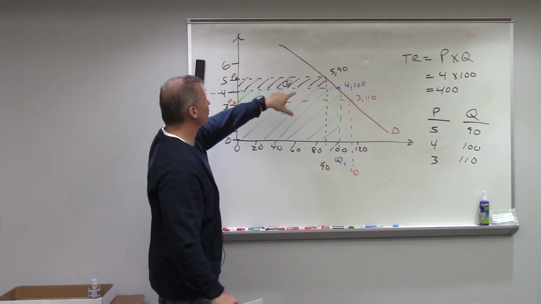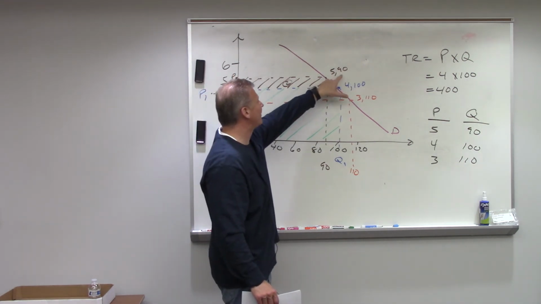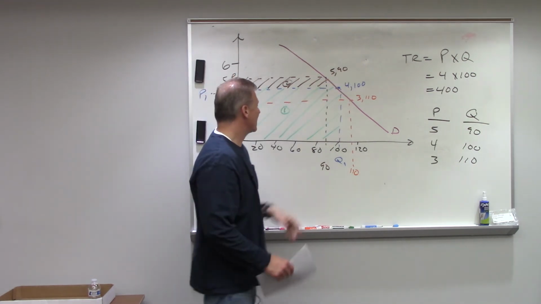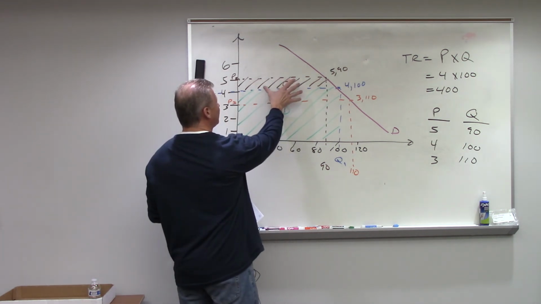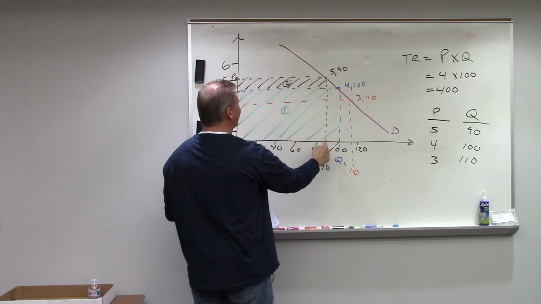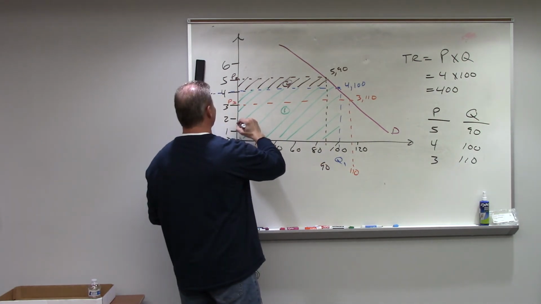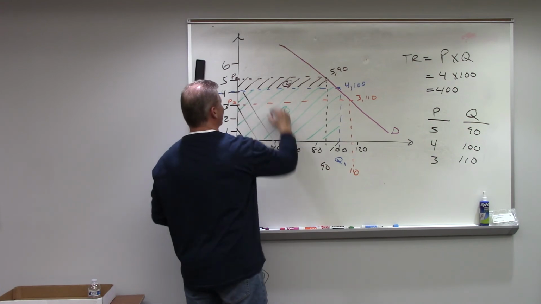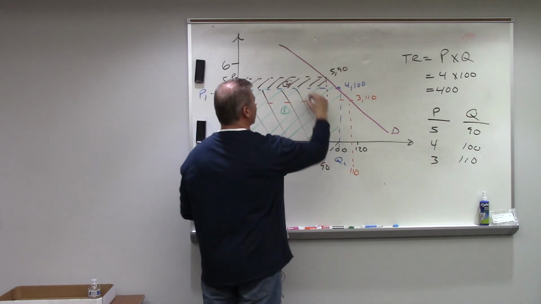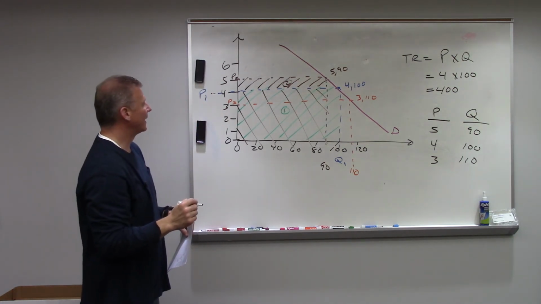The extra total revenue that you're getting by moving your price up to 5 and 90, okay? But notice, zone 2 would include at least this part of zone 1. Now we won't mark it up too much, but let's say I did something like this. That's the profit zone, okay?